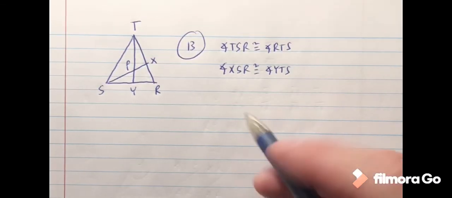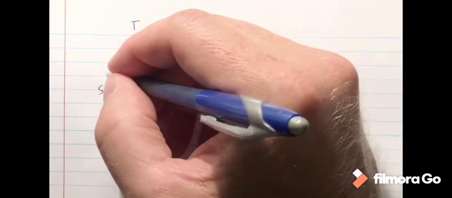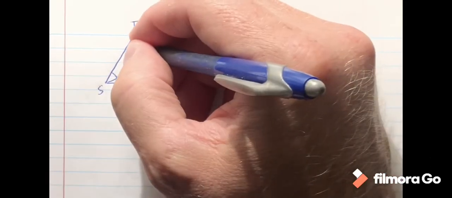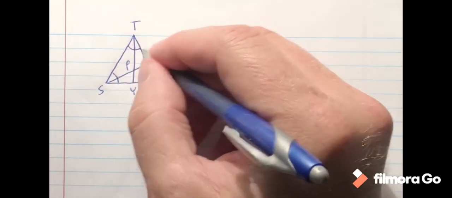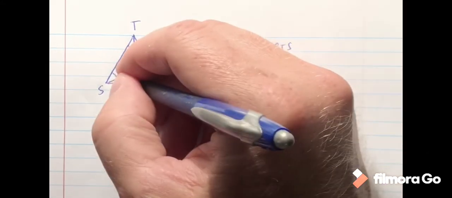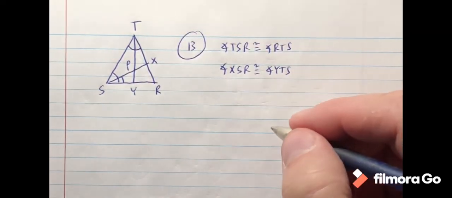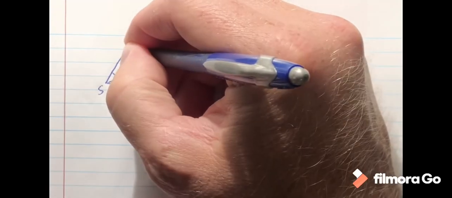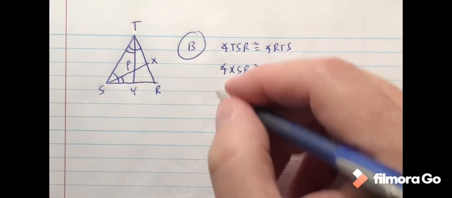Okay, and number 13, they're giving us that TSR is congruent to RTS. So this angle and this angle are congruent. And then XSR, which is this angle, is congruent to YTS. That's this angle. Again, notice here that in our picture we do have overlap.